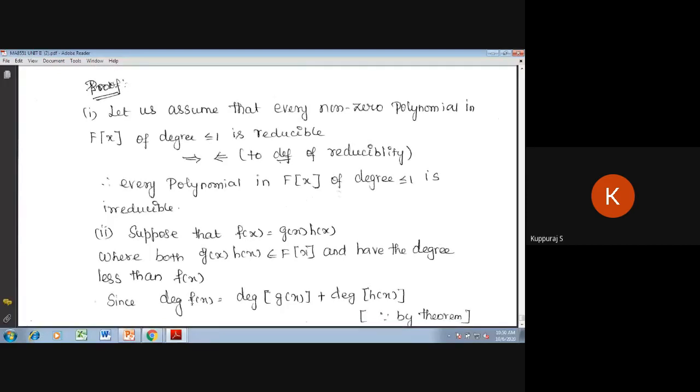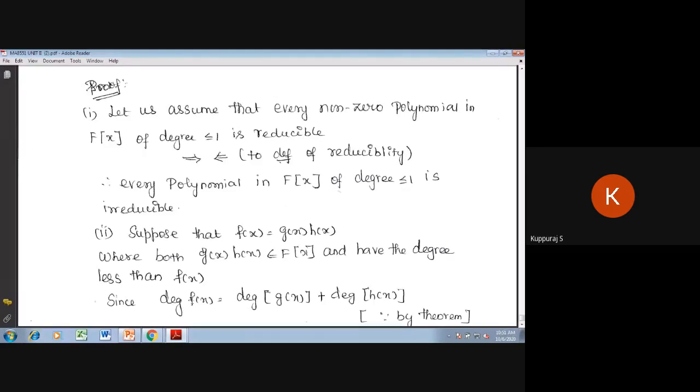Now, the second part. Suppose the polynomial f of x can be expressed as the product of two polynomials g of x and h of x, where g of x and h of x belong to capital F of x and have degree less than f of x. The degree of g of x and the degree of h of x are both less than the degree of f of x.